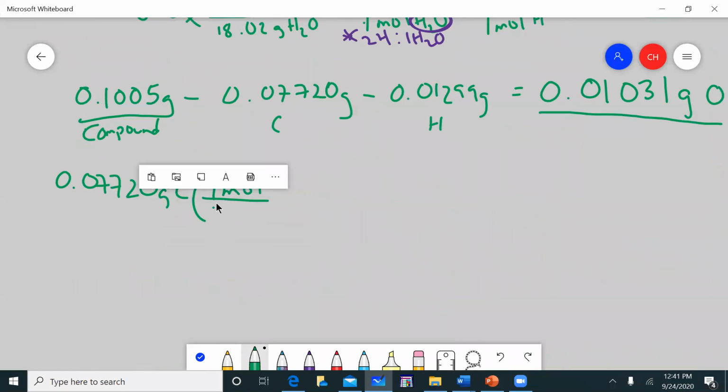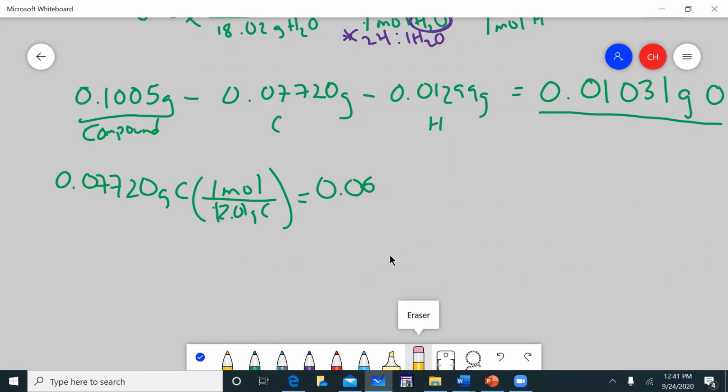So we're going to divide by our molar mass, 12.01 grams of carbon. This works out to 0.00648 moles of carbon. Okay, now we got our moles. We've got to do the same thing for hydrogen.